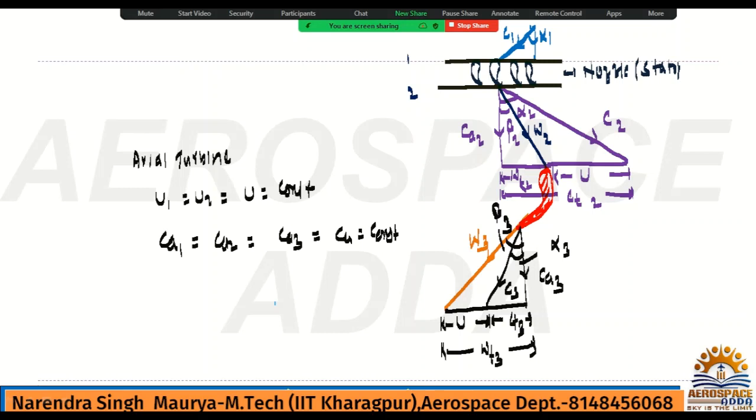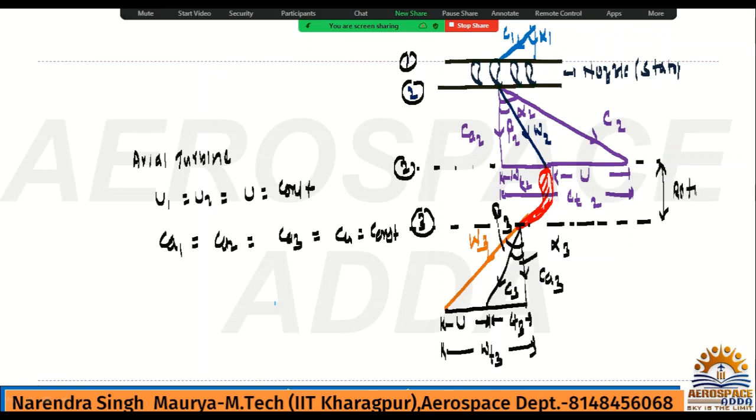Okay. Now if you go for the numbering, this is 1, this is 2 for this. So obviously till this point it will be 2. Then this is the third point. Okay. This is the third point. So what is in 2 to 3? 2 to 3 is the rotor blade, and 1 to 2 is the nozzle.